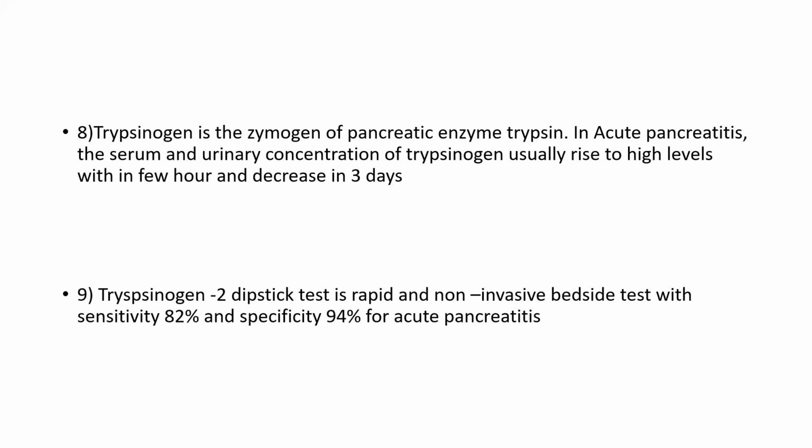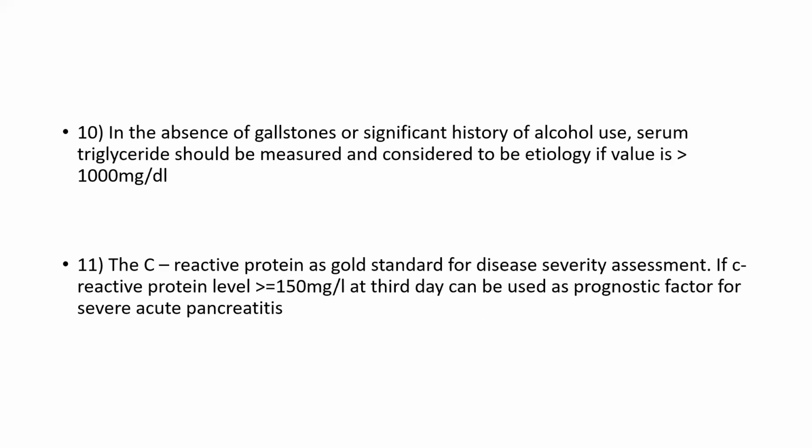Trypsinogen is the zymogen of the pancreatic enzyme trypsin. In acute pancreatitis, the serum and urinary concentration of trypsinogen usually rise to high levels within a few hours and decrease in 3 days. The trypsinogen 2 dipstick test is a rapid and non-invasive bedside test with a sensitivity of 82% and specificity of 94% for acute pancreatitis.